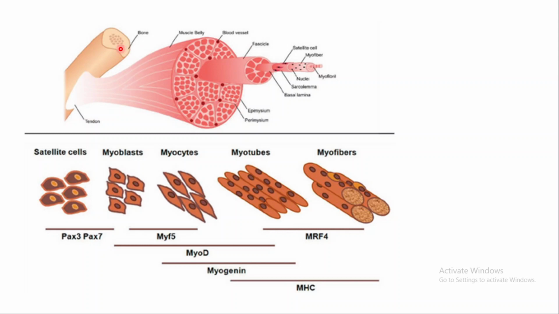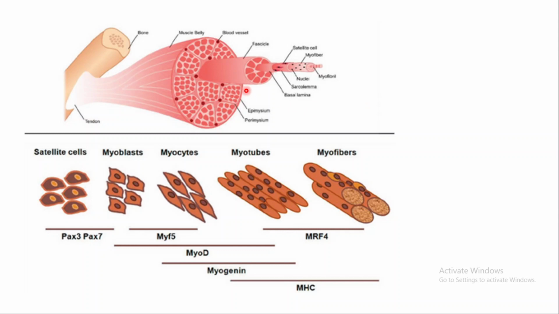So if you dissect a skeletal muscle, like the biceps or triceps, or the hamstring muscles that you have in your thighs, this is a bone, and a tendon is a tissue which helps in attachment of the muscle to the bone, and this is the muscle belly, the muscle body, or the thick muscular fibrous tissue.